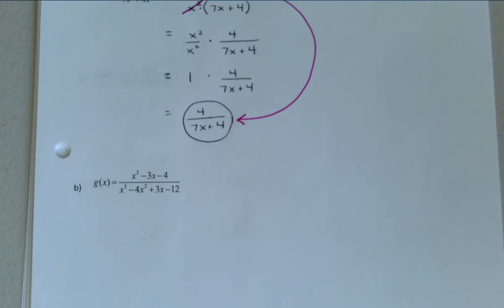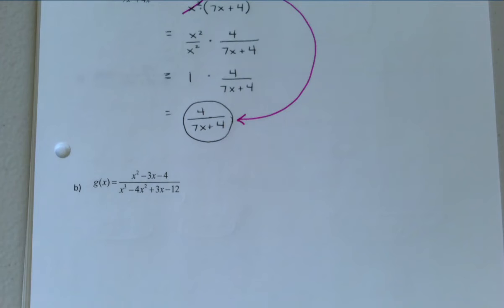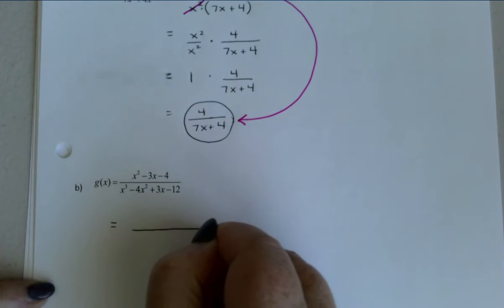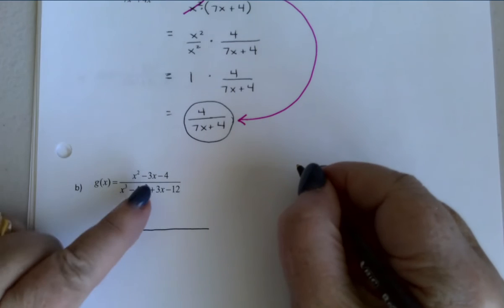All right, let's take a look here at B. Lots going on, but I recognize right away all addition and subtraction. So there's no way that I can start to reduce my fraction yet. I must get this in factored form. The numerator I think I can do right here. This is a trinomial, so I'm thinking product and sum.